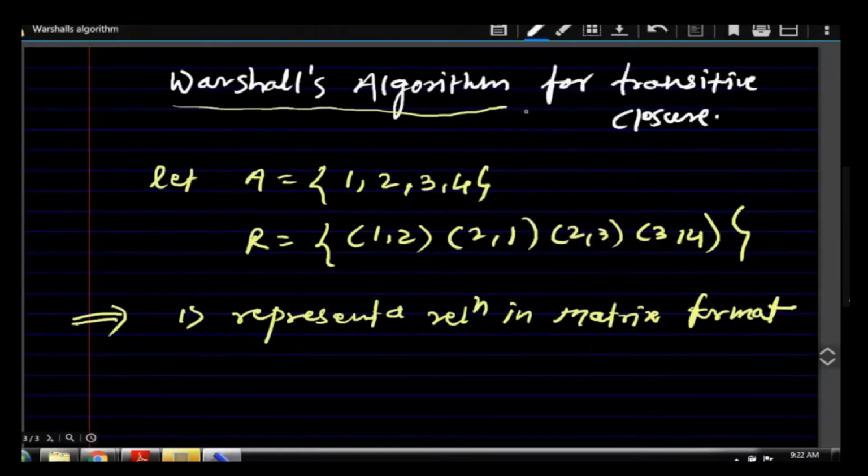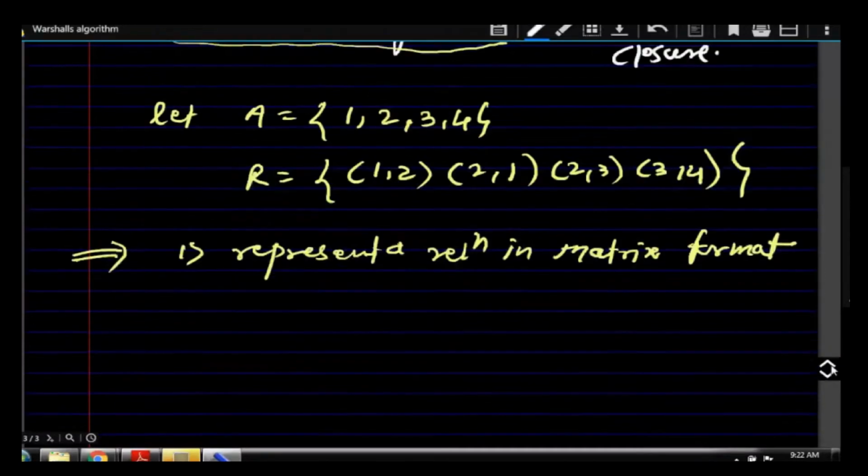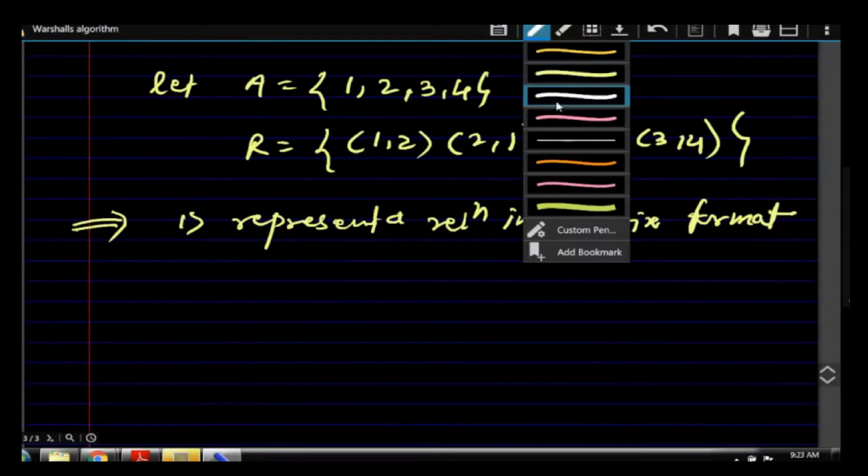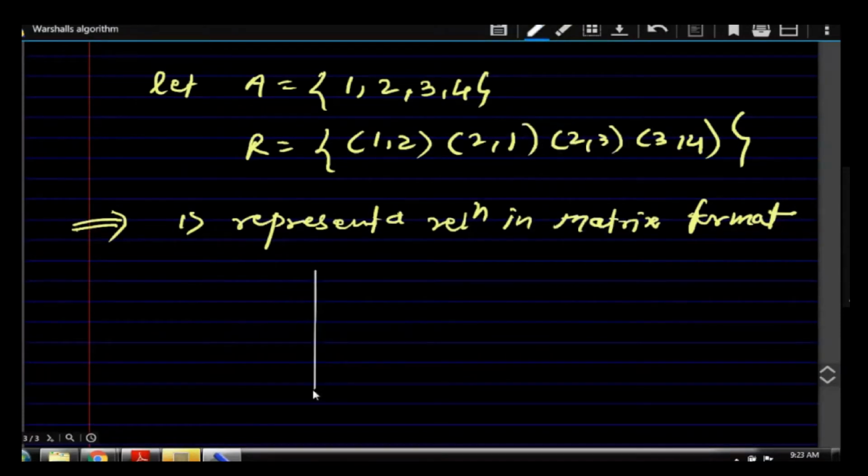So what will be the matrix format of this? So this will look like: 1, 2, 3, and 4 are the elements of the set. Then here also write 1, 2, 3, and 4. Let me write this in the form of squares so that you can understand it in an easier way.